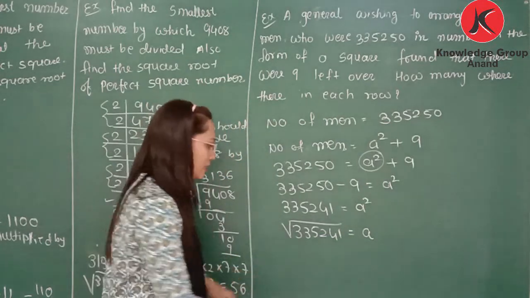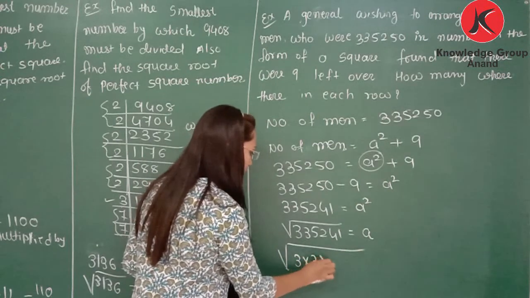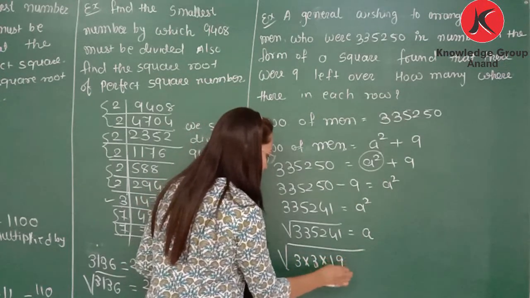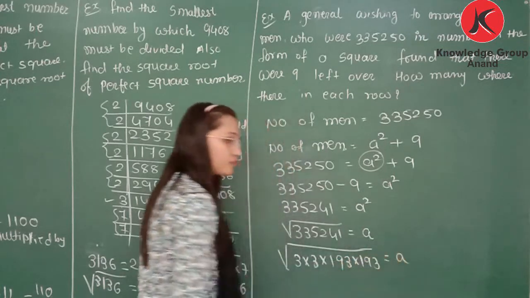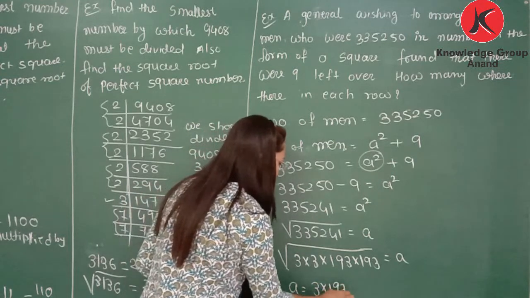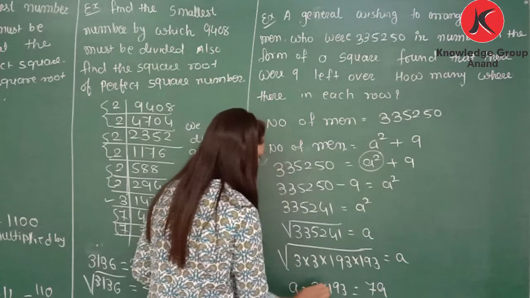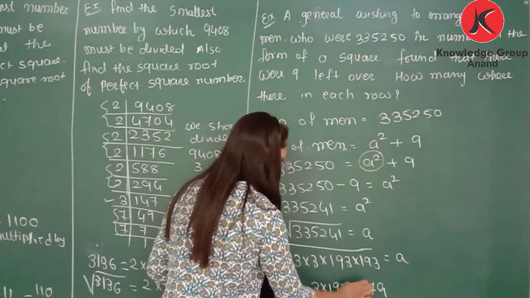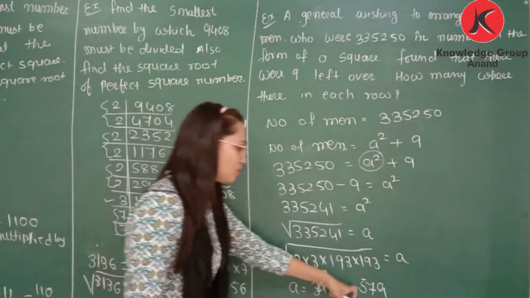If we factorize this, the factor of this number is 193. So A will be 3 multiply 193, that is 579. So the number of rows will be 579.